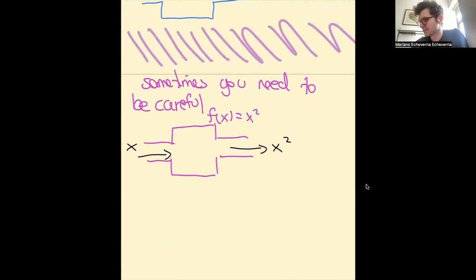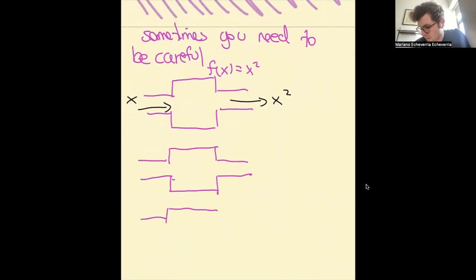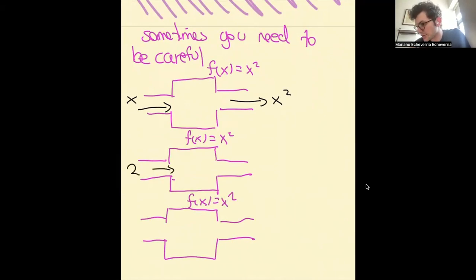So what's the problem with x squared? Well, sometimes different inputs can go to the same output. For example, f of x equals x squared: if you take the number 2, it goes to 4. But if you take the number -2, it also goes to 4, right?